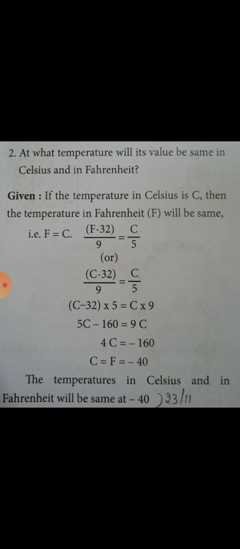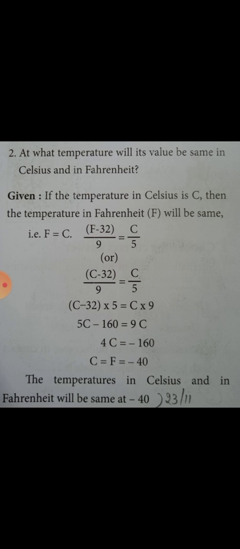First write the relation, the equation: (F minus 32) by 9 equals C by 5. Now substitute for Fahrenheit, since Fahrenheit is equal to Celsius. So change it: (C minus 32) by 9 equals C by 5. Now cross multiply: 5 into (C minus 32) equals C into 9.